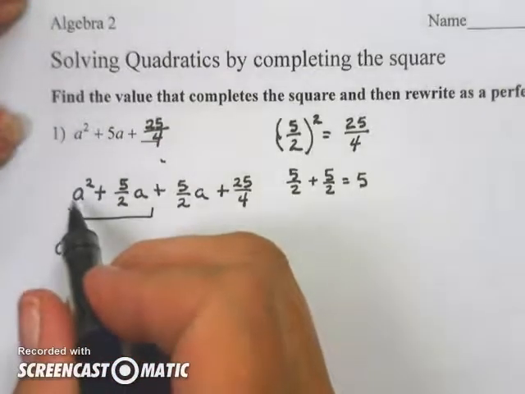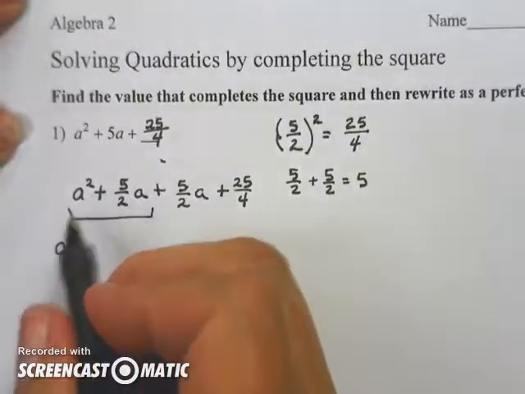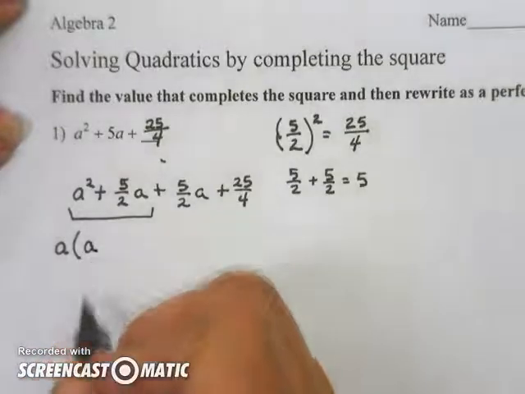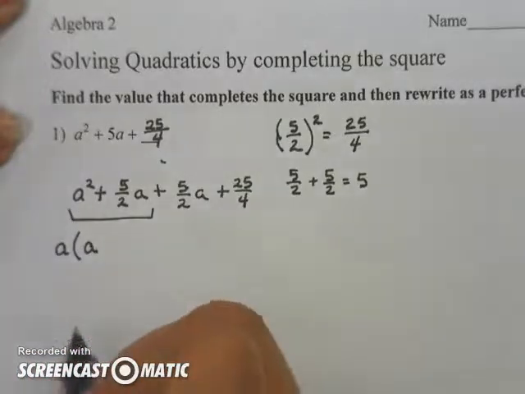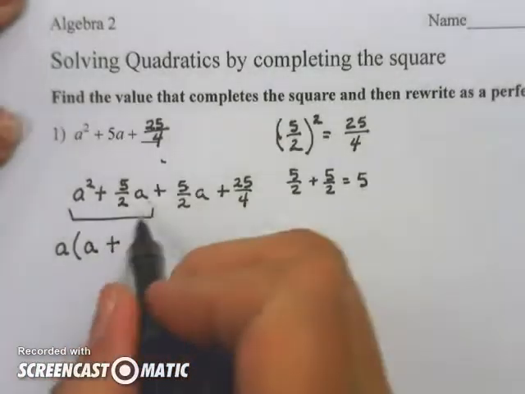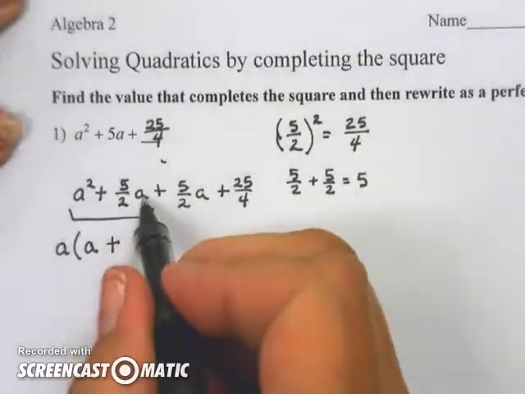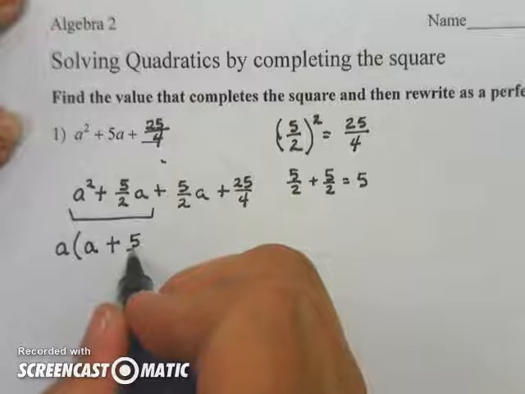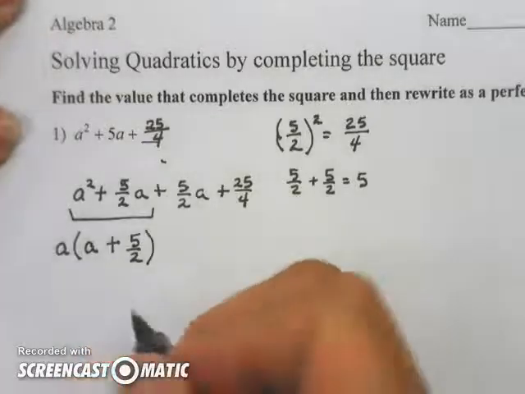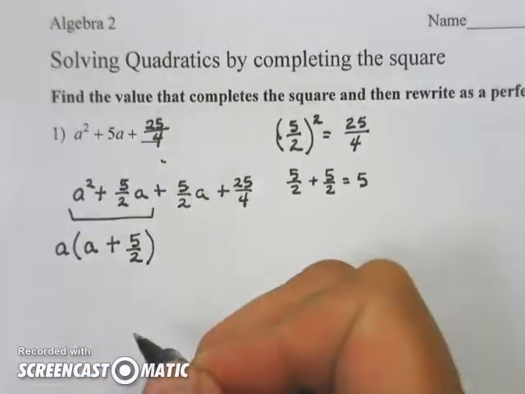A squared is a times a, so if I take one of those out, I still have an a. If I multiply it back together, a times a is my a squared. Plus 5 halves times a. Well, if I take that a out, again, I'm left with my 5 halves. It is a common factor of an a.